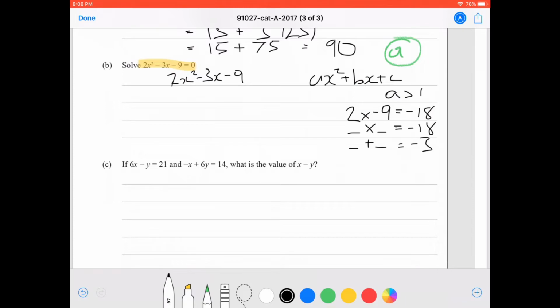So we're now going to split the b term. So we're going to say 2x squared minus 6x plus 3x minus 9, and that equals 0. So we haven't actually changed the equation, only rewritten it. You can see this minus 3x is just written in the form minus 6x plus 3x here. Okay?